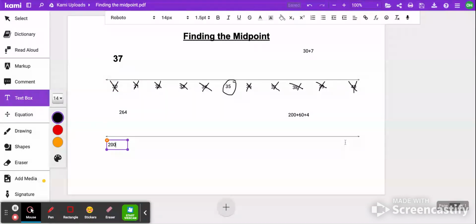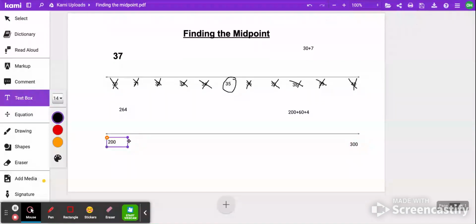This time we're going to add 100 to the 200, and you guessed it, we're going to get 300. Now we can just go ahead and fill in the numbers on the number line, and then just do our Xing out by alternating, and we'll come up with our midpoint for the number 264.